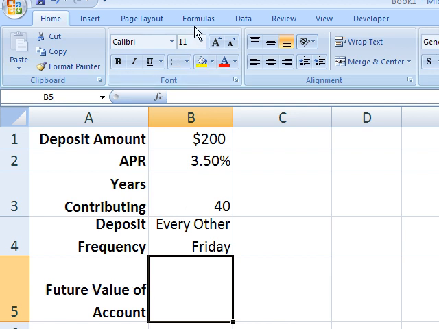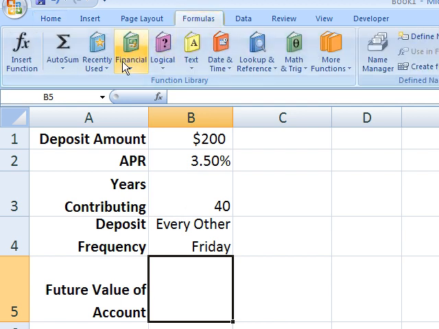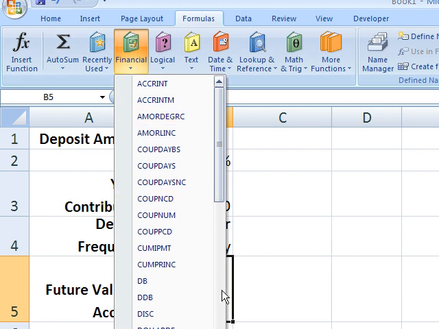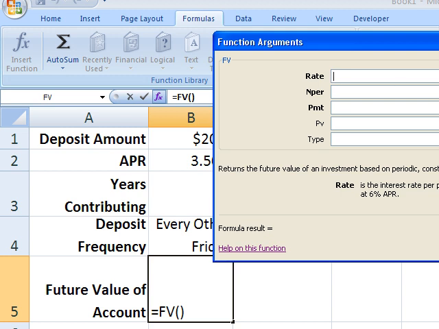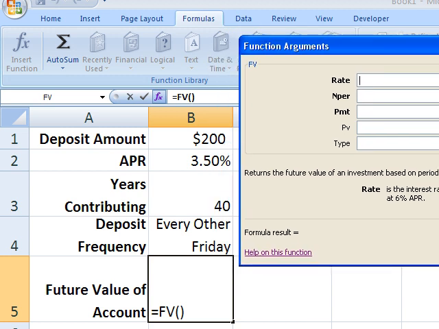I'm going to go to my Formulas tab, click on Financials, scroll down until I find the FV function. Now, the FV function asks you for several arguments or parameters, and the first one is rate. Now, my account that I'm putting the money into is going to earn 3.5% annually.